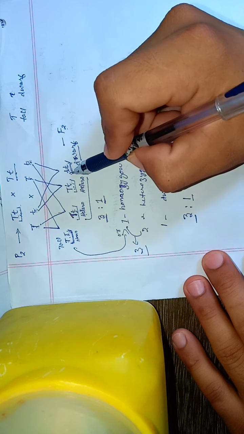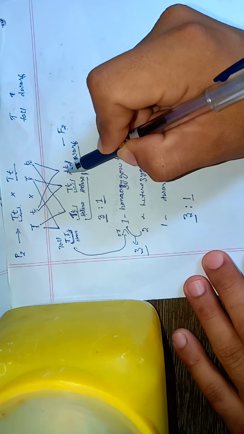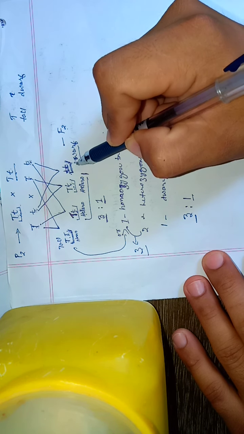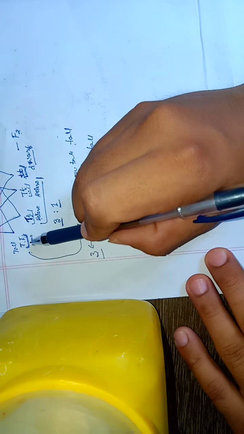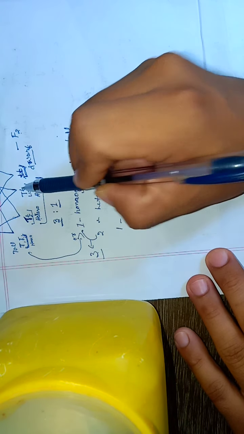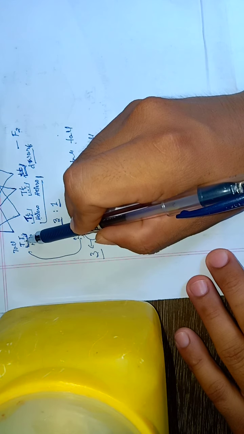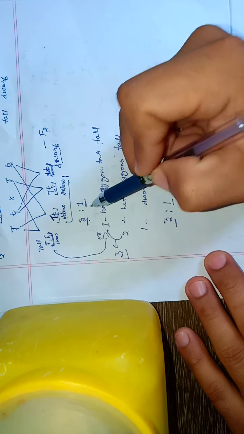And I told you that recessive characters always express in homozygous condition. So both of them are homozygous, so this is homozygous dwarf. Now if you calculate the number of offspring who are tall, that means 1, 2, 3. So this is 3 tall and 1 dwarf.